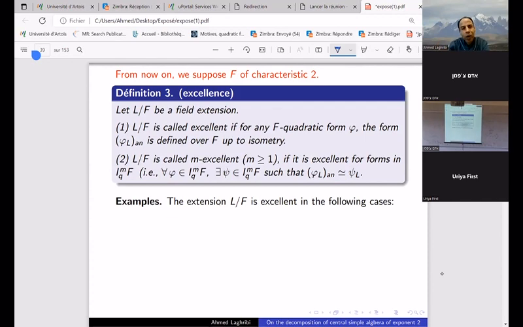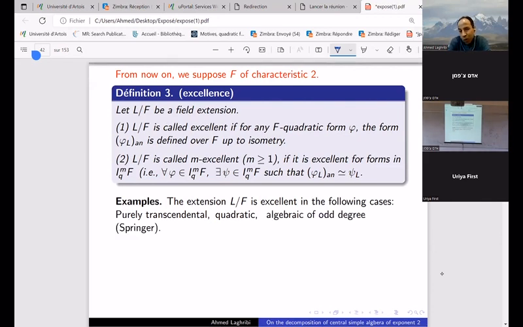So by talking on excellence, I give you some examples that you know. The extension L/F is excellent in the following cases. So the trivial one, when the extension is purely transcendental, this is obvious. Or where the extension is quadratic, for example, this is also easy to prove.